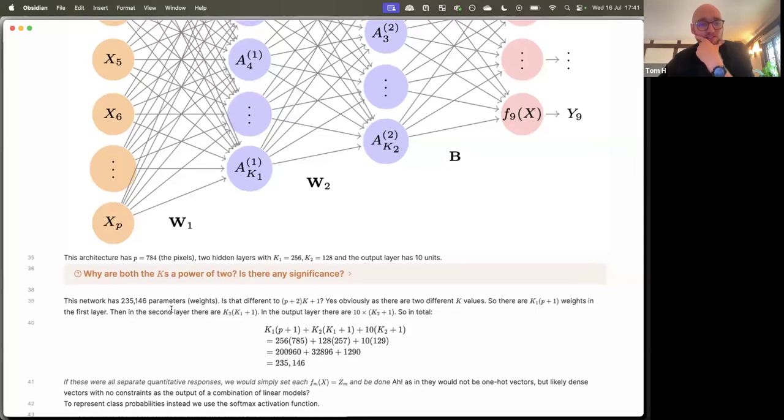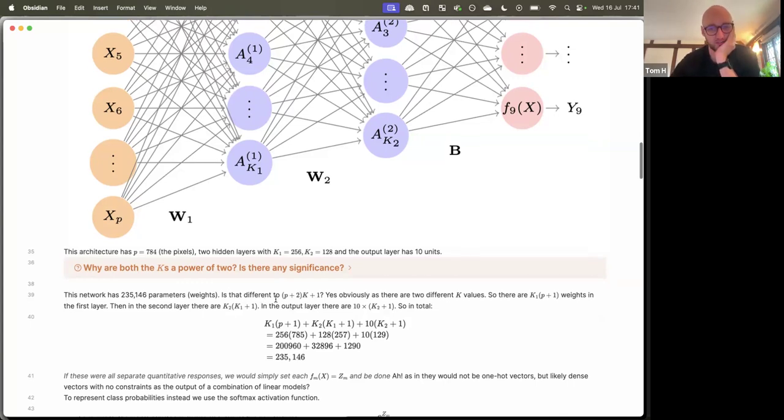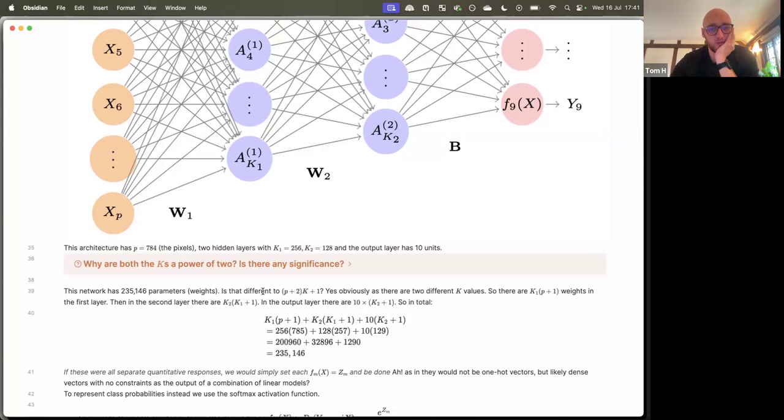So this network has 235,146 parameters, or weights, as we're now calling them. Feels like you've stopped being a statistician at this point and really moved over to machine learning when you start calling them weights instead of parameters. What I was doing here was just checking whether it's any different to the formula we calculated earlier on for a single hidden layer.